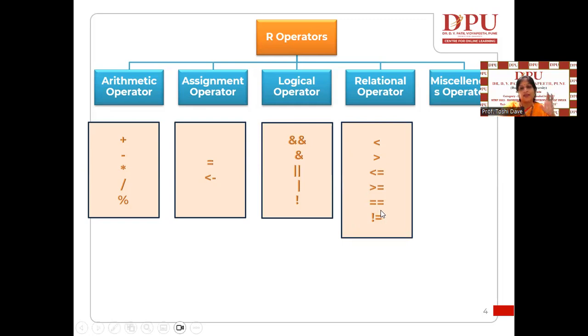If z is equal to 10, this means that I'm trying to compare z with 10, whether z is also having 10 or not. Because if I write single equal to, this means that 10 will be allotted to z. But I want to know whether z is having value 10 or not. So for that, I have to check, and to compare, I need to use this double equal to.